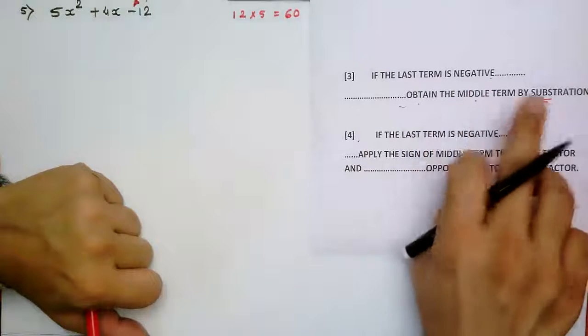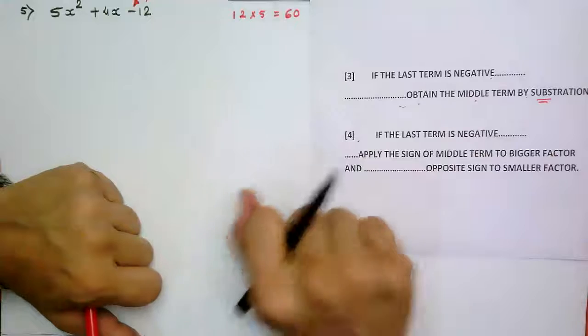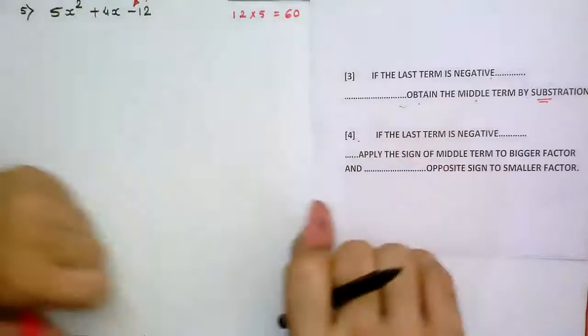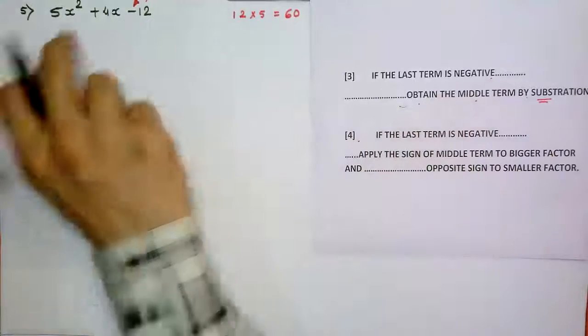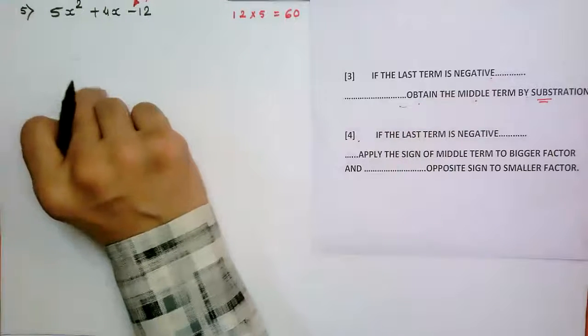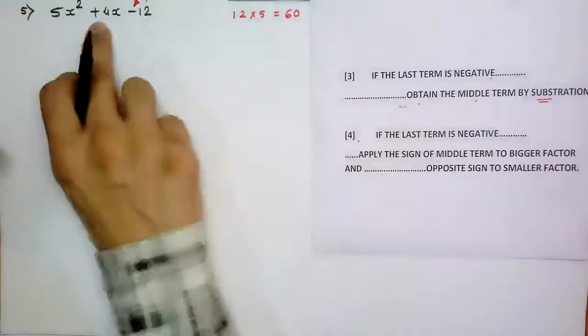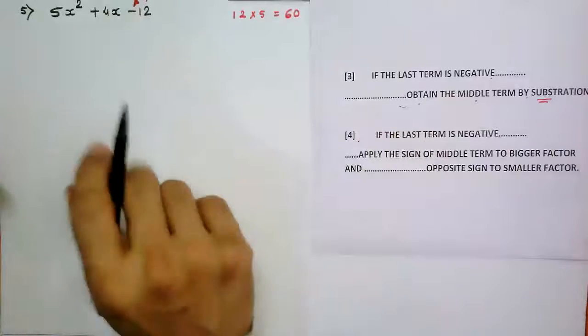If the last term is negative, obtain the middle term by subtraction. So I have to obtain this 4 by subtraction. 12 minus 5 is not 4. So these are not the factors.